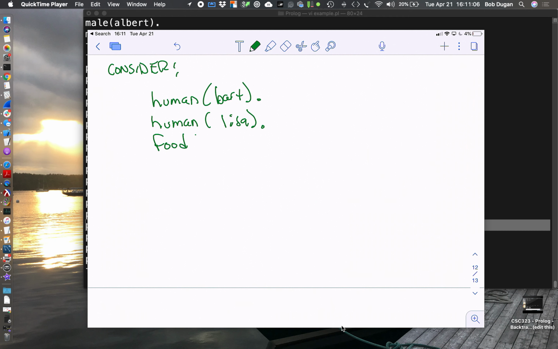Donut is a food. And Bart is a food. All right, now we would very much like to avoid cannibalism.